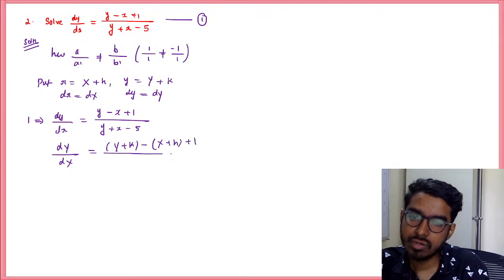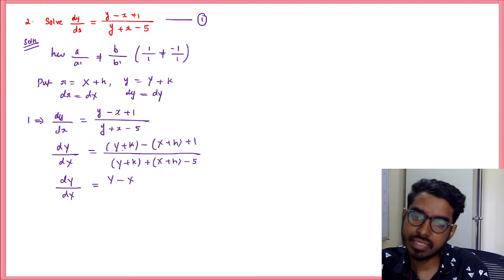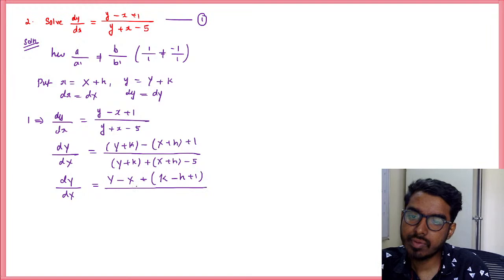So we will have dY by dX equal to (Y minus X plus k minus h plus 1) divided by (Y plus X plus k plus h minus 5). Let's call this 2.